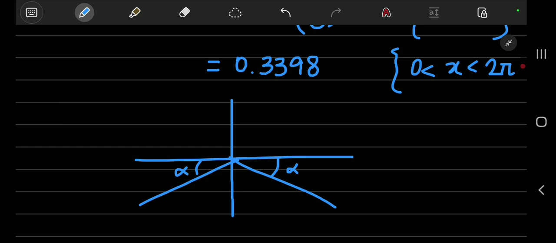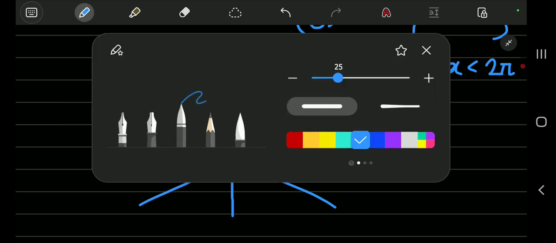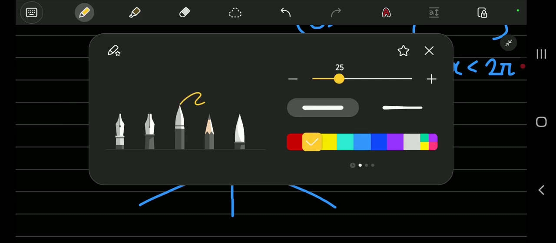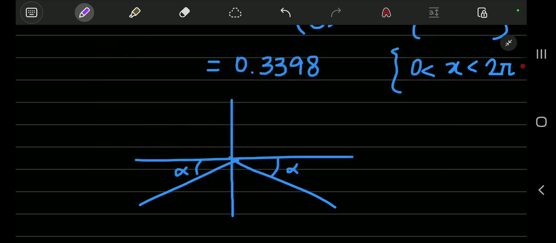So what is going to be your first angle? Your first angle is going to be, as always, from the positive x-axis. This one is your first angle. So this is pi plus alpha. This is your second angle, and this is 2 pi minus alpha.